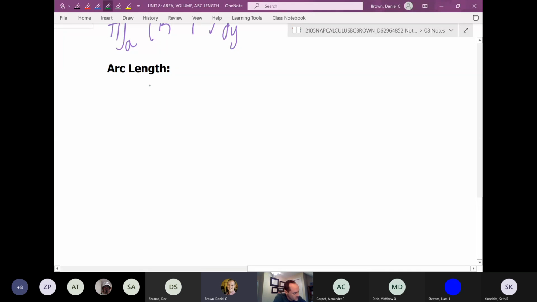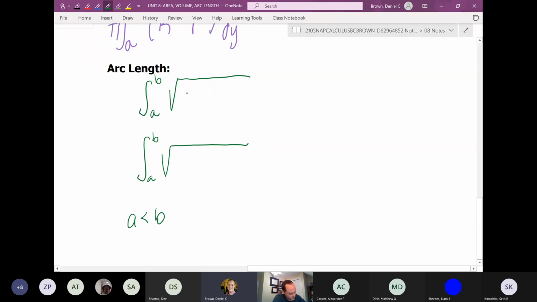And then the last thing that we did on Thursday was arc length. We had two formulas, whether we're doing it in terms of dx or dy. In both of them, you will always integrate from the smaller number to the larger number. We'll never have a negative arc length. The formula is actually based off of the Pythagorean theorem. If you're doing it in terms of dx, you're going to find the derivative of y with respect to x, and those dx's will always match up.